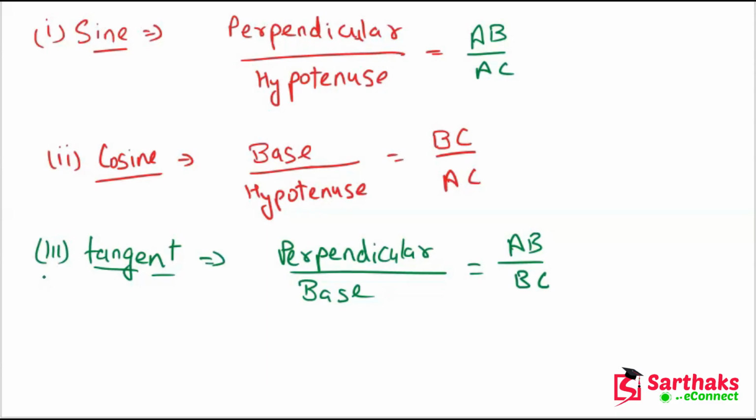The next three ratios are, first, cosecant. The cosecant ratio is the multiplicative inverse of sine.